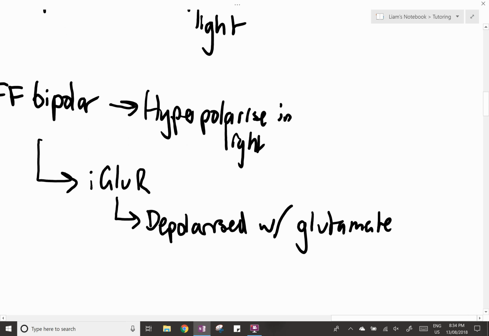What this means is, in the presence of light, when we lose glutamate signaling, there's nothing keeping those ionotropic glutamate receptors open, and so they close, and so they'll hyperpolarize. And if they hyperpolarize, then they will stop sending signals to their ganglion cell.